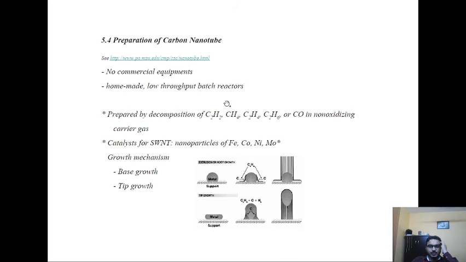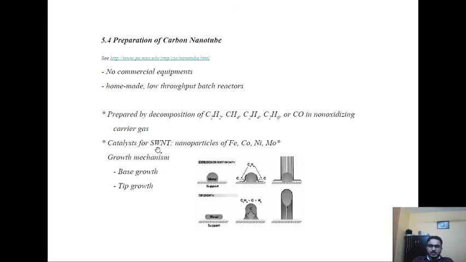Next is preparation of carbon nanotubes. No commercial equipment is required. These are homemade and go through batch reactors. They are prepared by decomposition of hydrocarbons in a non-oxidizing carrier gas.